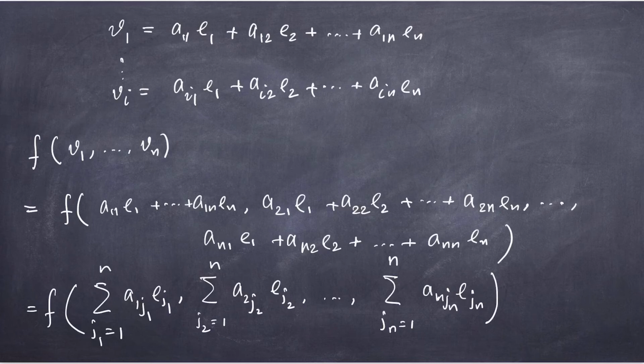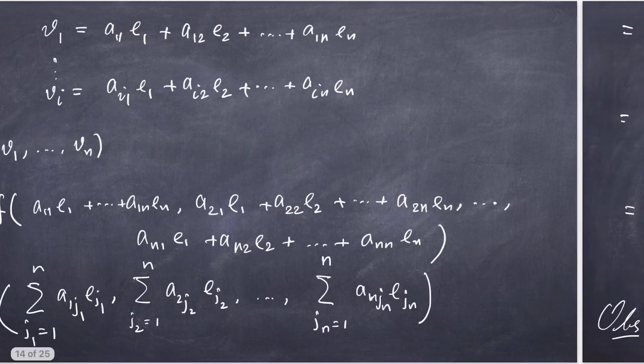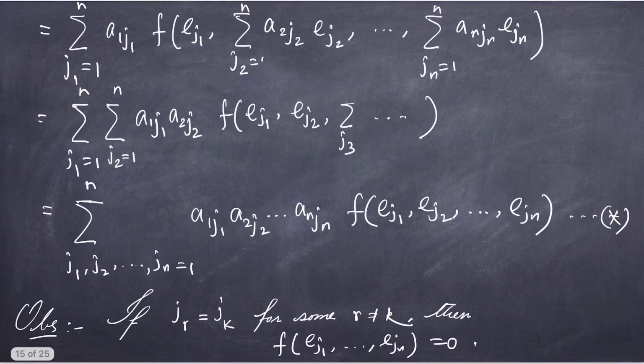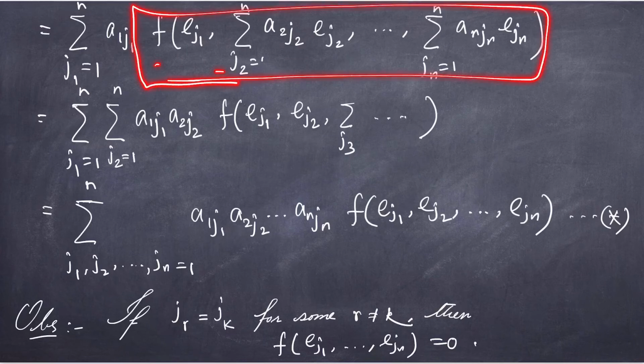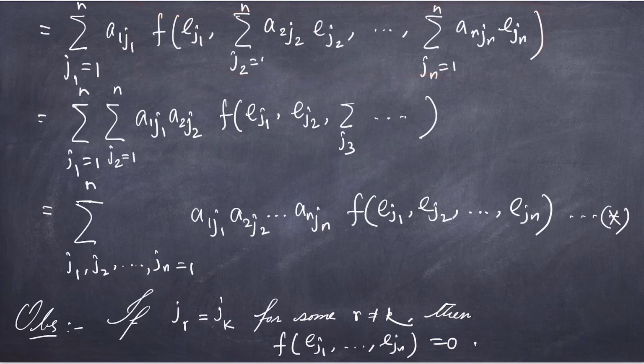Therefore we have f is the summation over a1j1, where j1 runs from 1 up to n, of this. Then for any j1, we have this term. Here we are freezing the first component and the third, fourth, up to nth components.